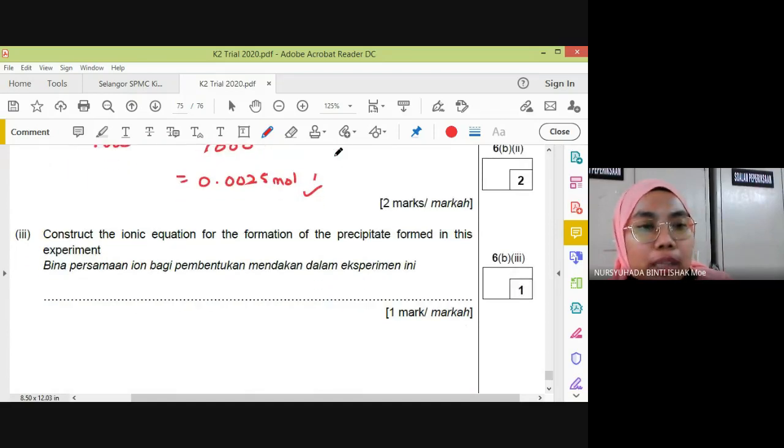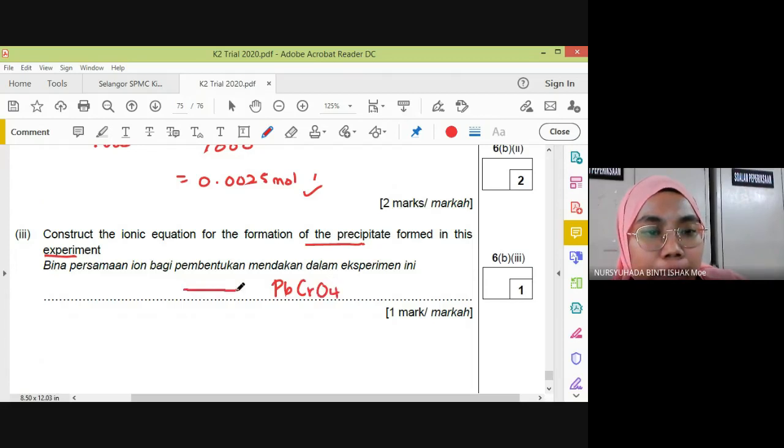Okay, construct the ionic equation for the formation of precipitate formed in the experiment. Okay, precipitate dia nama apa tadi? Lead(II) chromate(VI) kan? So macam mana boleh dapat lead(II) chromate(VI) ni?